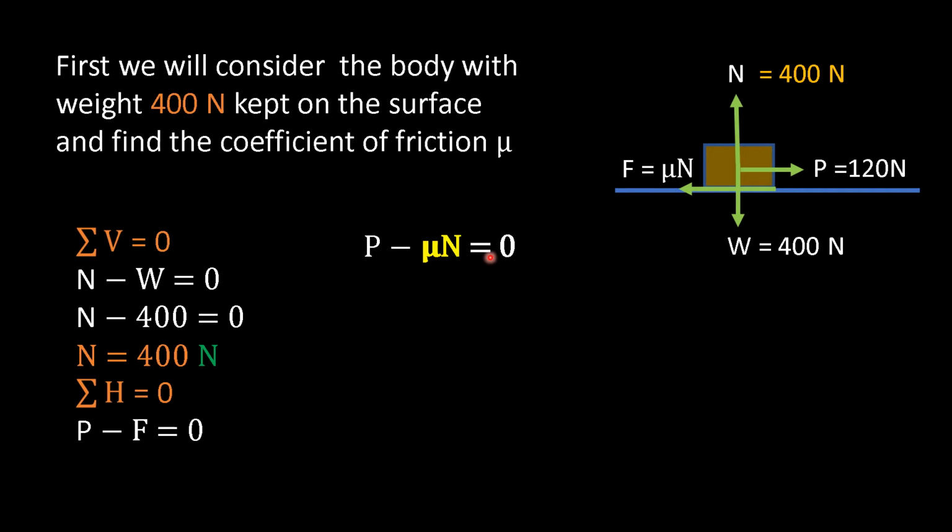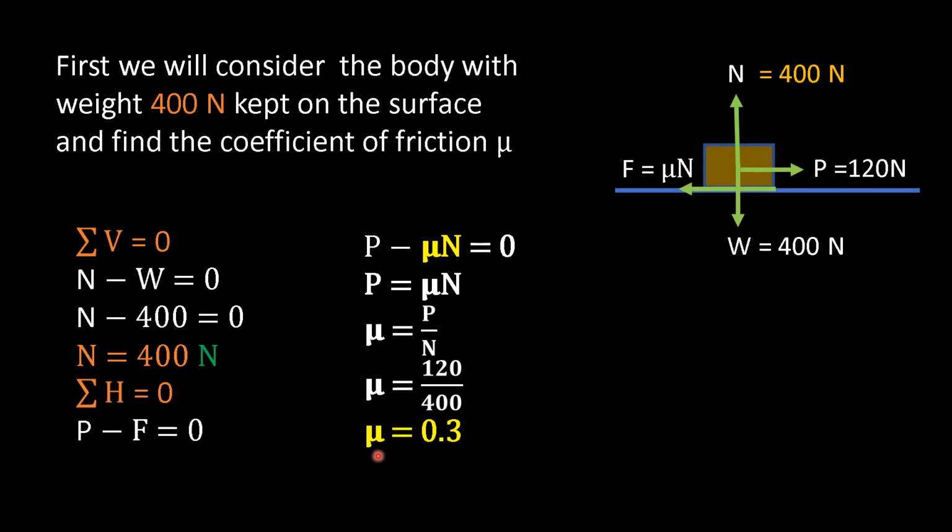P minus mu N equals 0 because F equals mu N. P equals mu N. Mu equals P divided by N. 120 divided by 400, which gives mu equals 0.3. So the coefficient of friction between the block and the surface is 0.3.